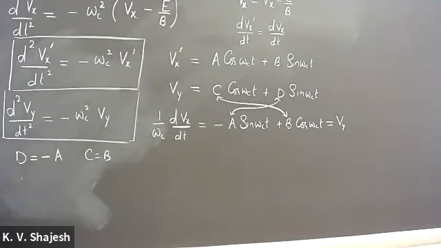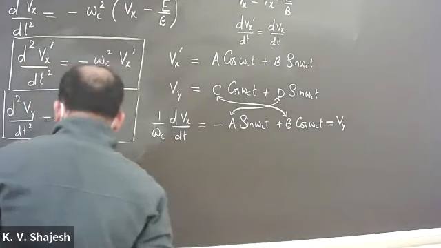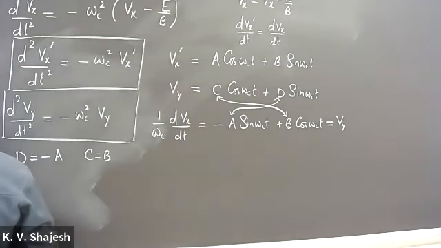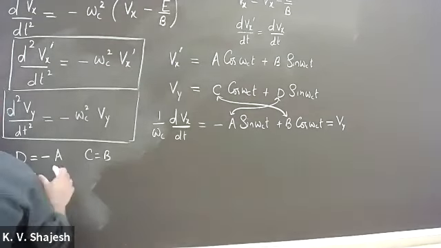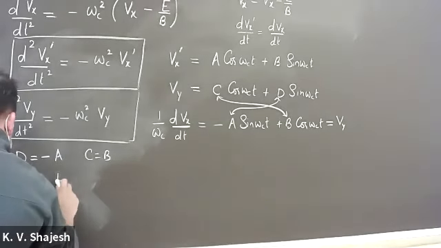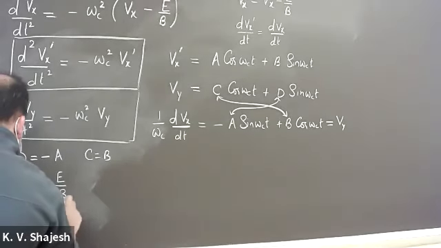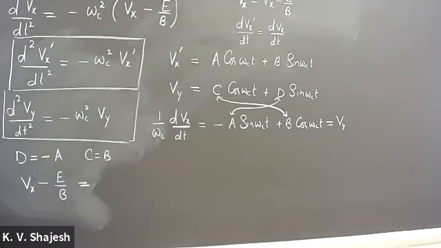I can further tell that because we know the velocity at time t equal to 0, I can also say that, let me do this slowly. Vx prime, which is Vx minus E over B, right? There's a confusion here.